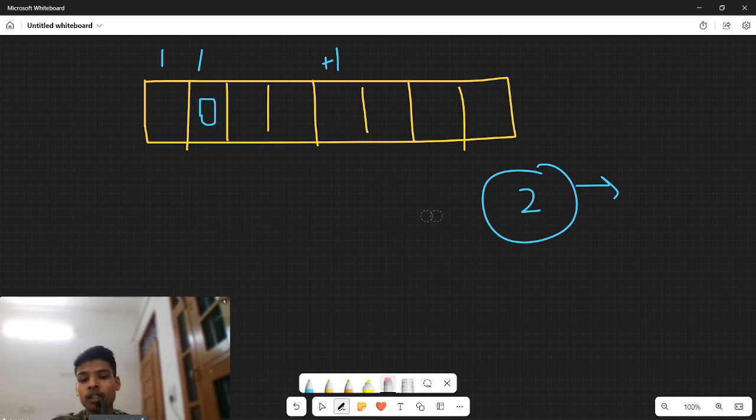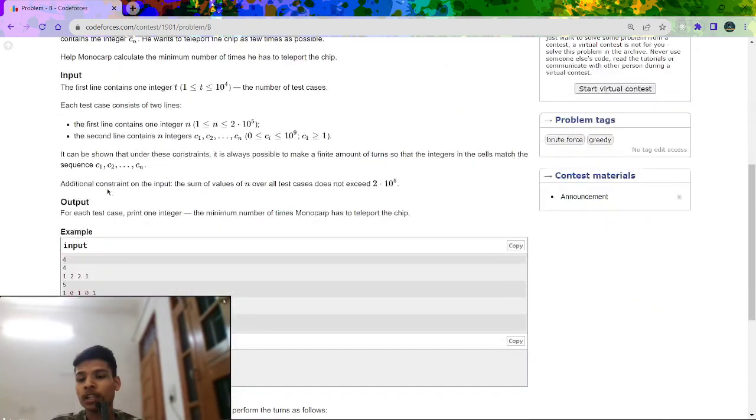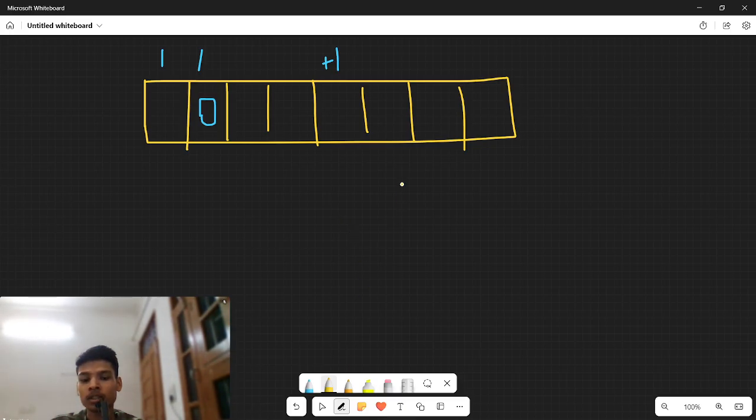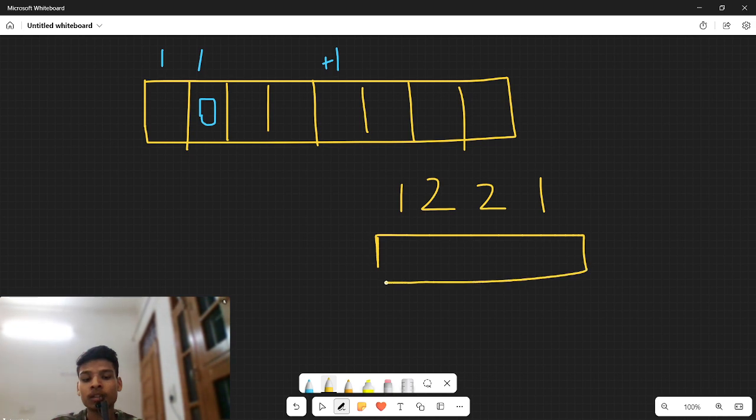Now what they are telling us to do is, initially they are giving us an array, and I have to tell them the minimum number of operations, or minimum number of teleportations. You can see if I'm placing the chip from here to here, there is no teleportation.